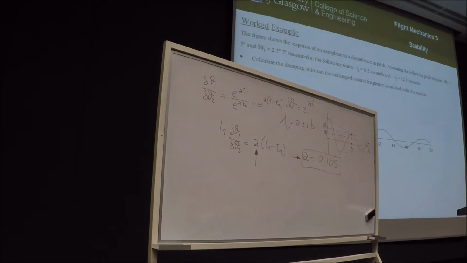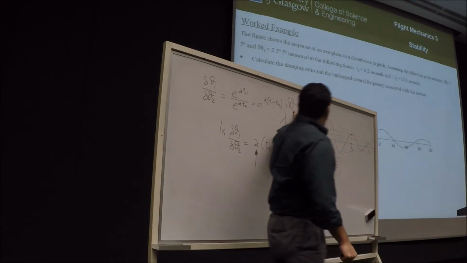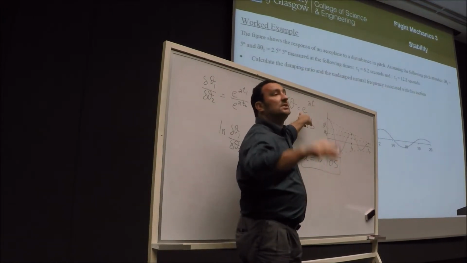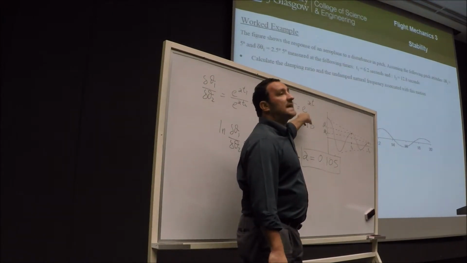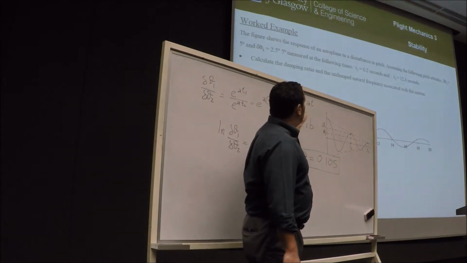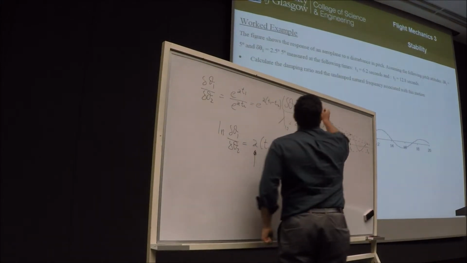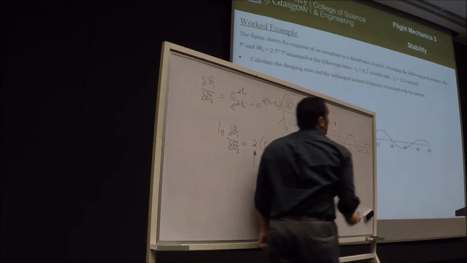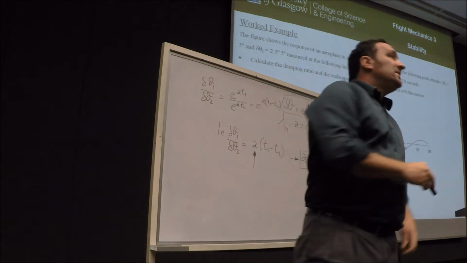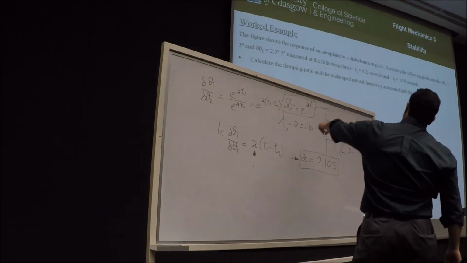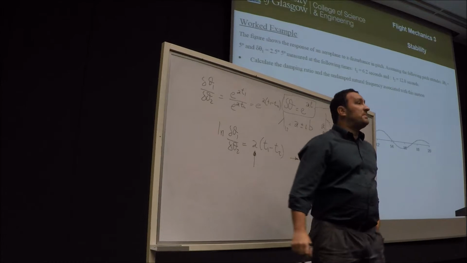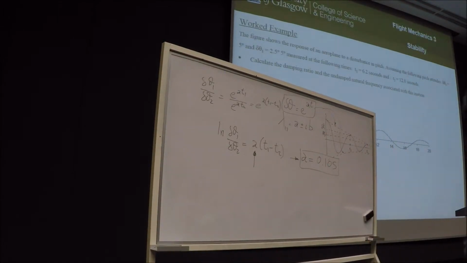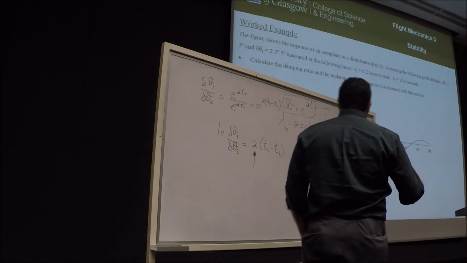You sure? What does this tell us? What does this equation tell us? This equation here represents the red line, the envelope of our perturbation. Clear? Yes. So, let me ask you again.